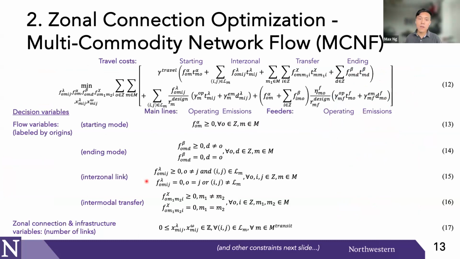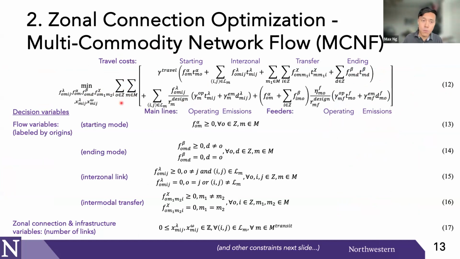So when we have the arc costs, that gives us all the information we need for the multi-commodity network flow problem to optimize the zonal connection. You can see equation 12 is the objective function here, where we are summing up over all origin pairs and all modes.